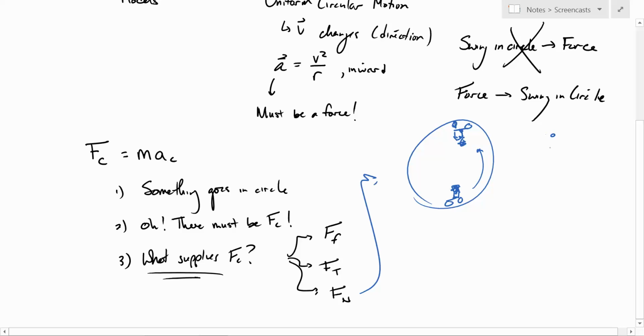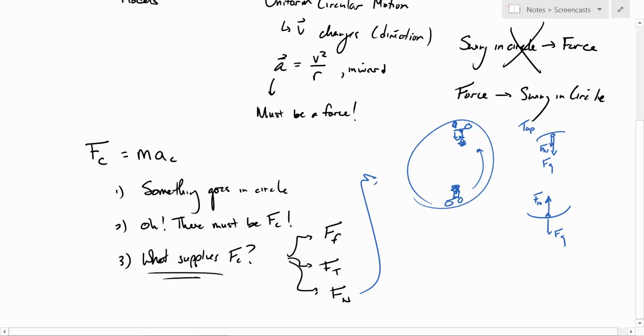When they're at the top, it's basically gravity and the normal force. At the bottom, normal force, and you have gravity.